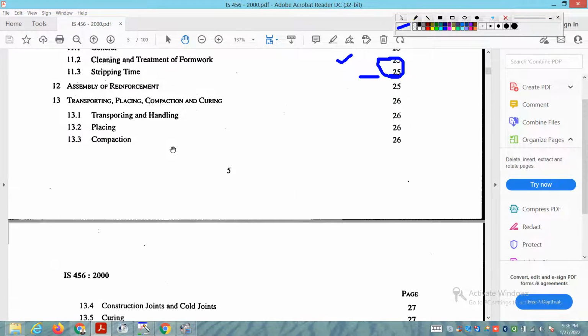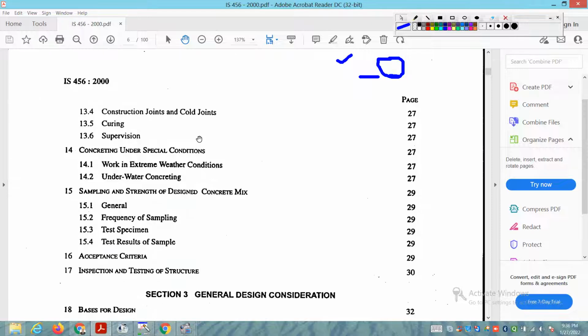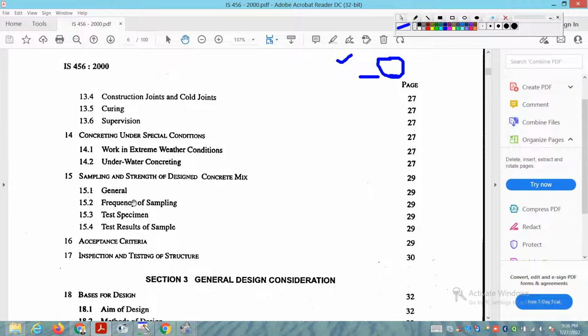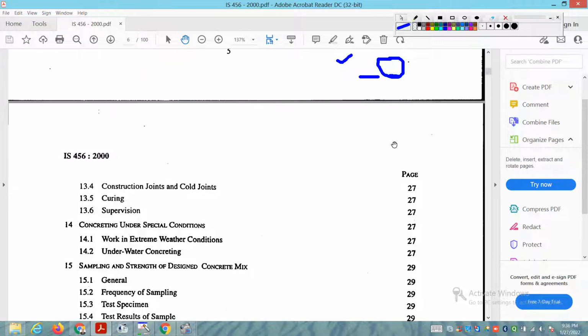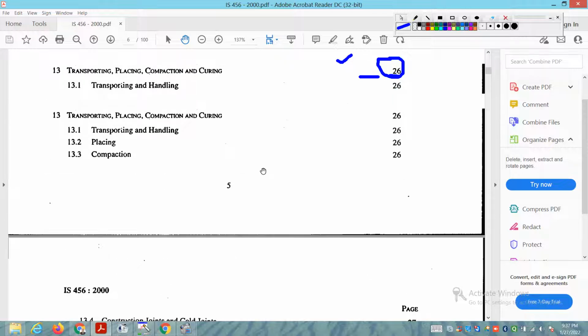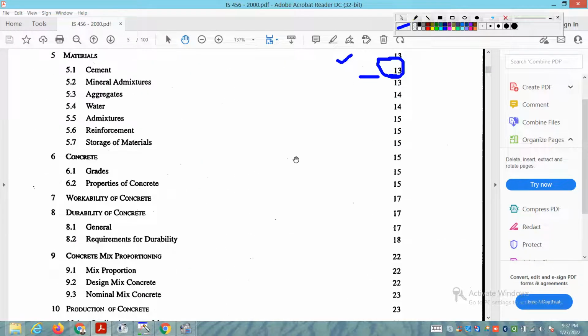So in this section 2 there are in all 17 chapters. Concrete under special conditions, sampling and strength of designed concrete mix, acceptance criteria, inspection and testing of structure. Like this, 17 chapters are included in section 2.